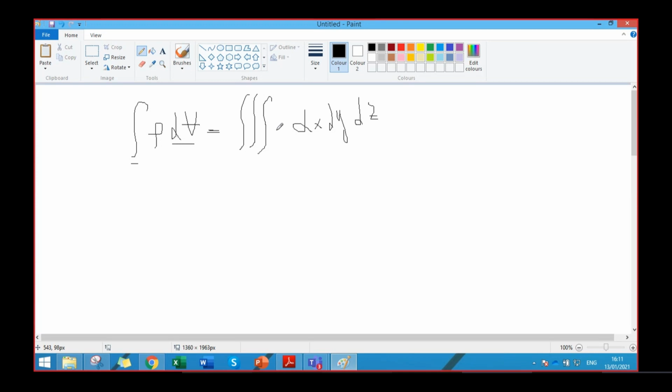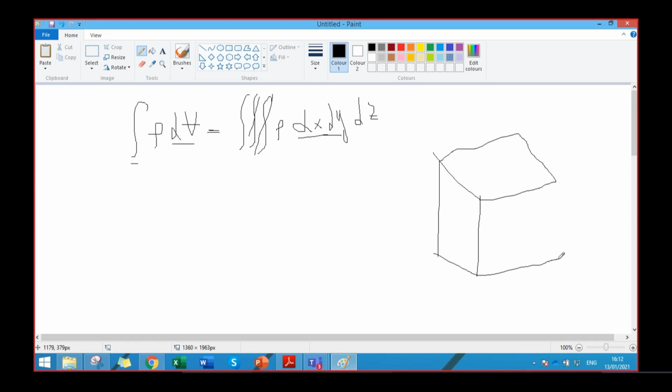If I say dx is constant, it means one integral will be eliminated, the internal one. If I say dy is constant, the second one will be eliminated. The volume only changes with change in z. Let's say I have a rectangle, a cube like this.